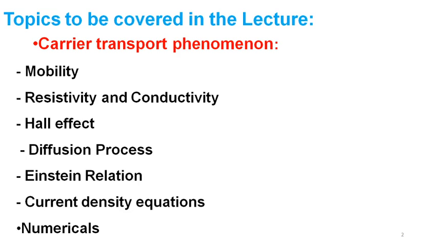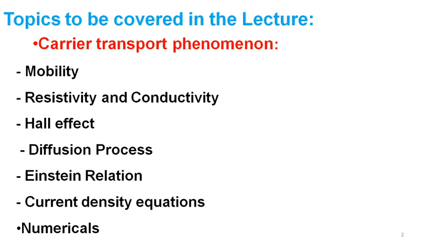In today's lecture on carrier transport phenomena, we will look at intrinsic semiconductors, that is pure semiconductors, and extrinsic semiconductors, that is n-type and p-type semiconductors, when the carriers, which may be electrons or holes, are moving. We will see how their mobility is defined, then their resistivity and conductivity, and then find out which type of semiconductor it is based on charge carriers by using the Hall effect.